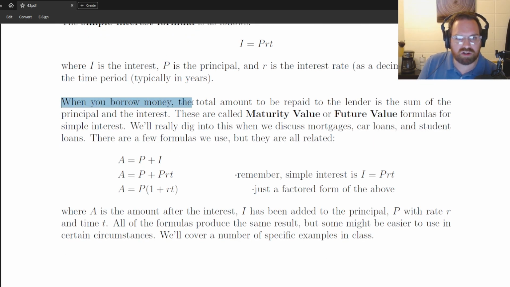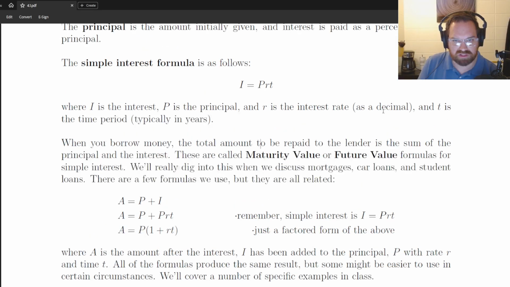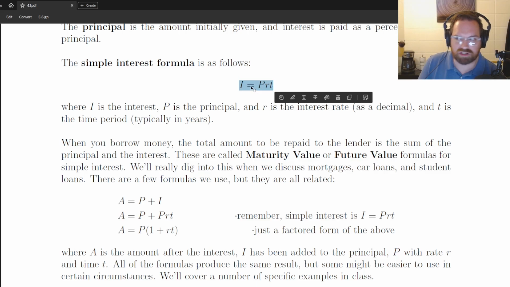So when you borrow money, the total amount to be repaid, just to distinguish here, this up here is purely the interest formula. But when you're paying back a loan, you're not just paying back interest. You're typically paying back how much you borrowed plus whatever interest you've accrued.